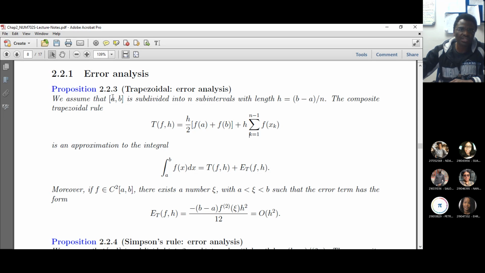So you can see that it's actually the composite trapezoidal rule that we are using here, but with 3 points. We have the endpoint and a midpoint, only one midpoint. And this is the formula that we are using, this one.